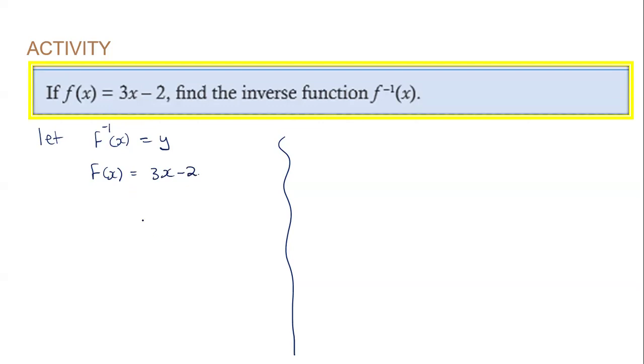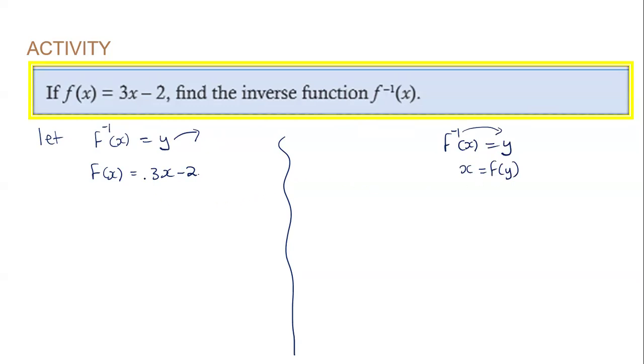What we do is very simple. Where I've said f inverse of x is equal to y, it means that when you take the inverse this side, x will equal f of y. That is the meaning.